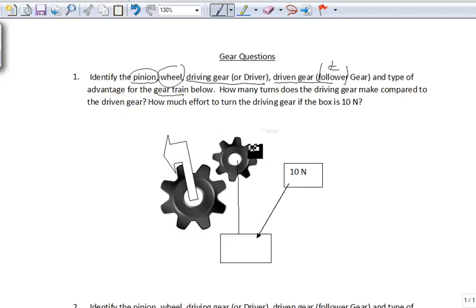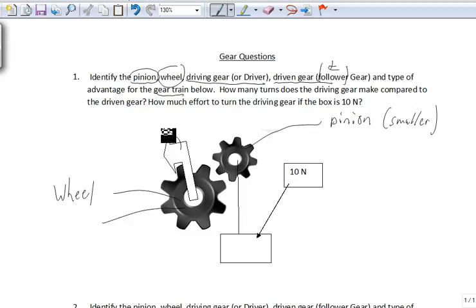So let's do terminology. We would label this the pinion. The pinion is the smaller gear in a gear train. This would be also called the wheel. Second, this indicates where the force is applied. And so if the force is applied to this gear, this is called the driving gear, or sometimes called the driver gear.